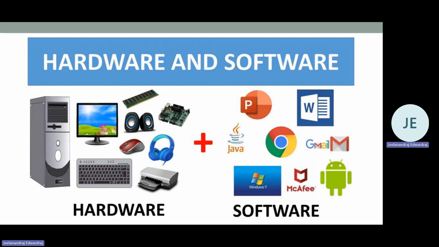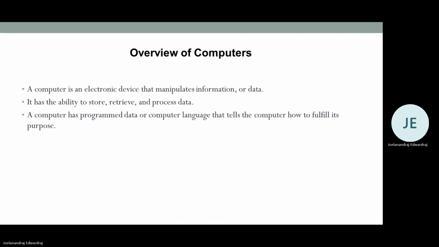These softwares are just programs or instructions that control the hardware. This entire thing is called a computer. In many different contexts it is called by different names, mainframe, workstations and so on.